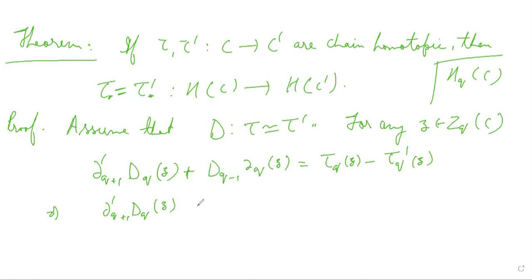So this is tau_q z minus tau prime_q z. Because this minus this is this, it means that they are homologous.